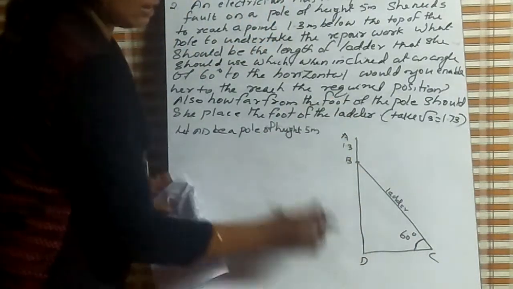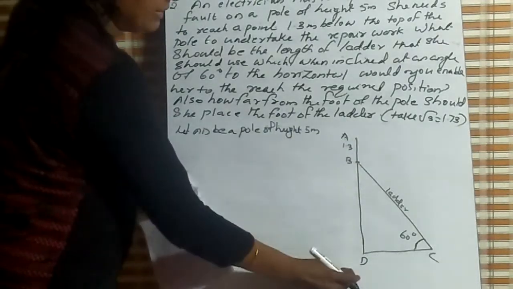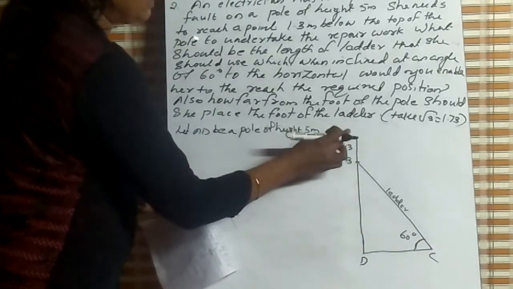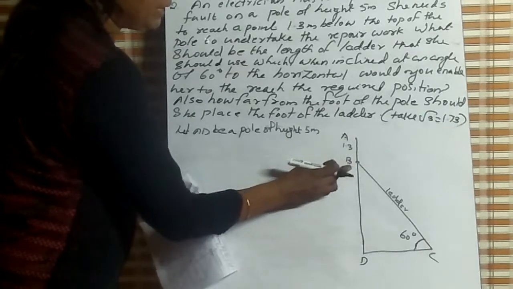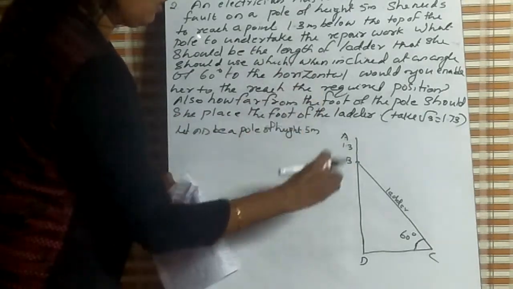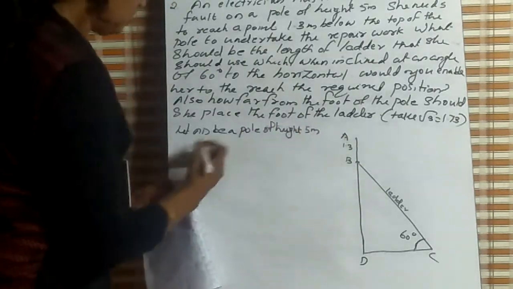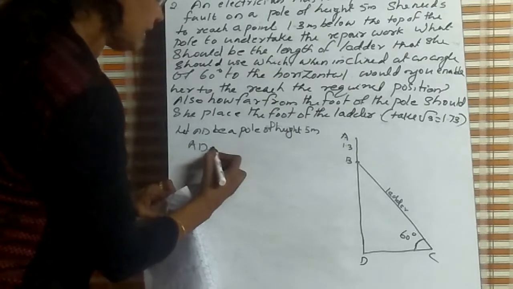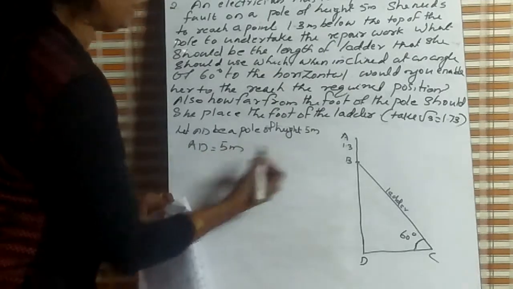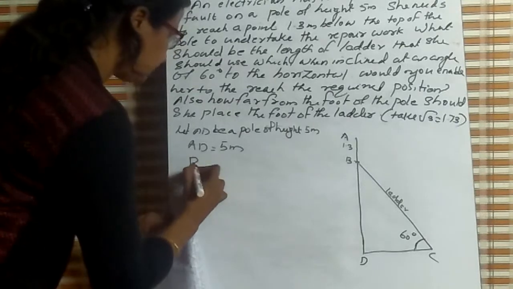An electrician has to repair an electric work. For that, AD is the pole and she has to reach the point B. That point B is 1.3 meter below from the top. That means AB is equal to 1.3. Also given AD is equal to 5 meter. So what is BD?